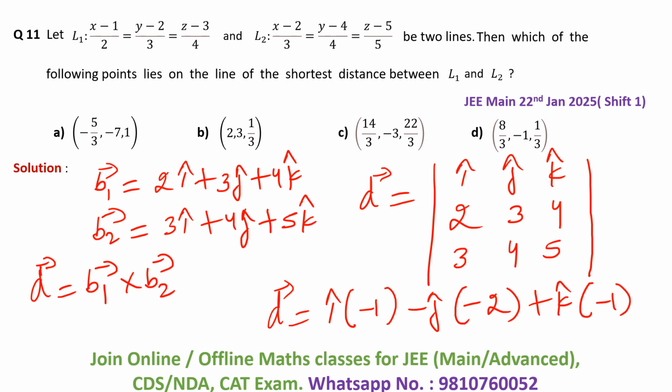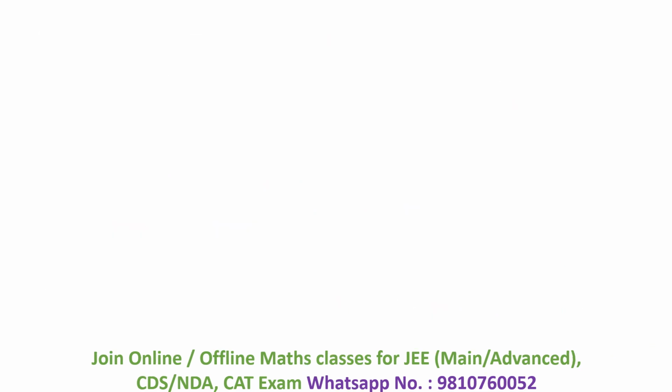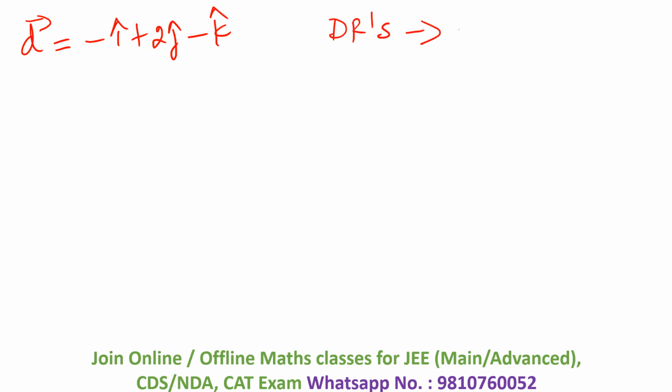So that means the vector d comes as −i + 2j − k. Now students, we move further. We have got the value of the vector d as −i + 2j − k. So I can say that the direction ratios of the line of shortest distance are −1 : 2 : −1, right?